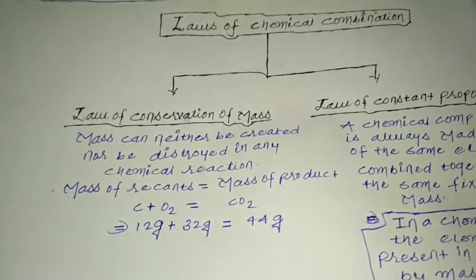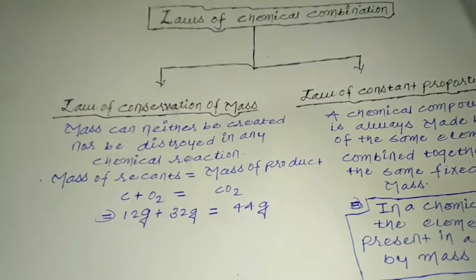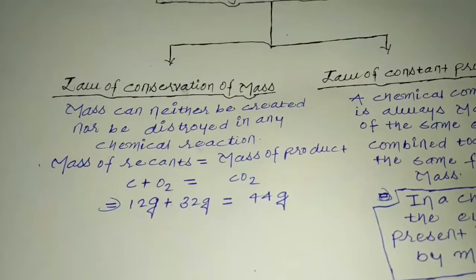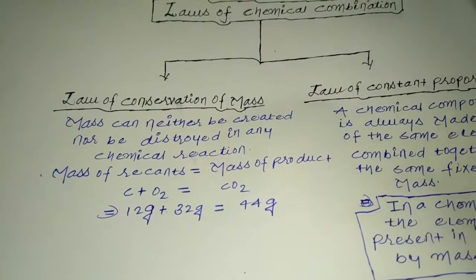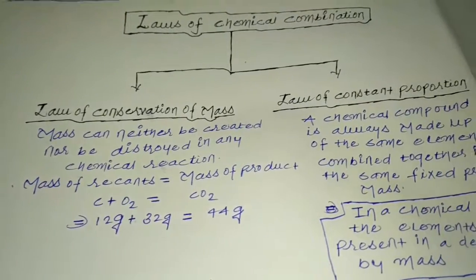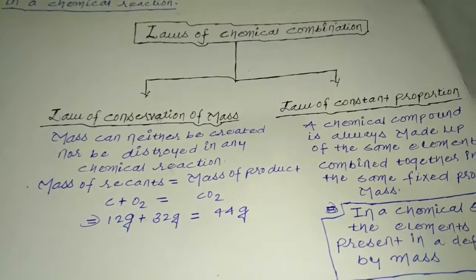Now the law of conservation of mass. According to the law of conservation of mass, mass can neither be created nor be destroyed in any chemical reaction. Here is one example. Mass of reactants equals mass of products, meaning C plus O2 gives CO2.